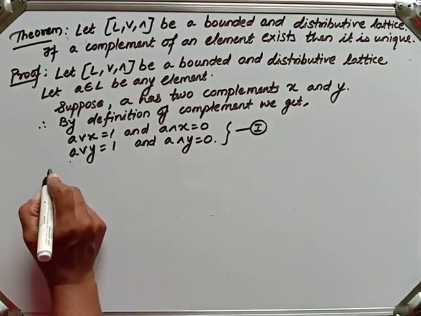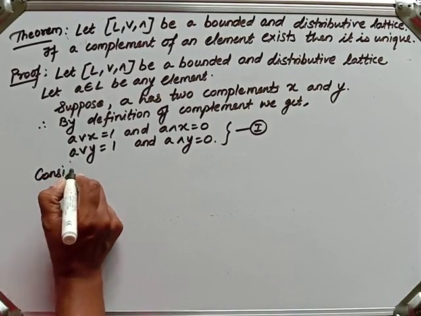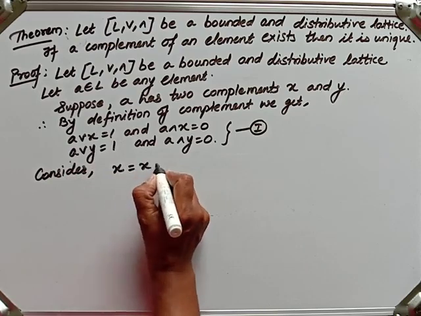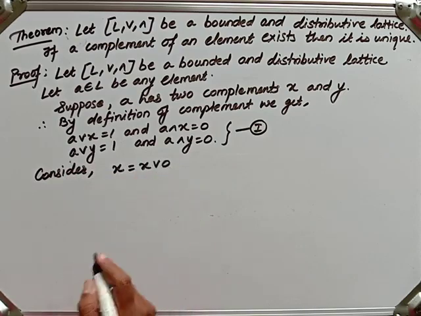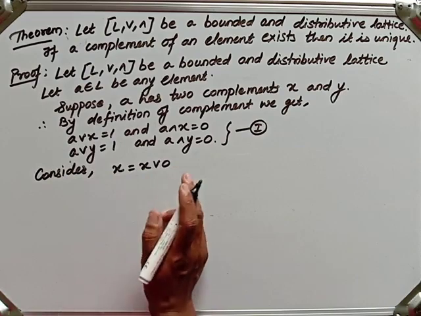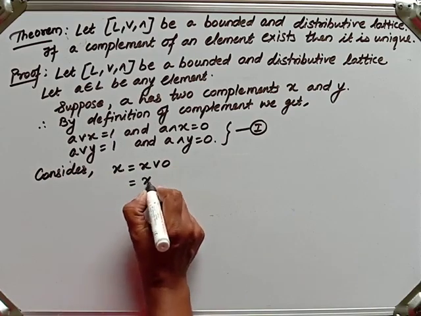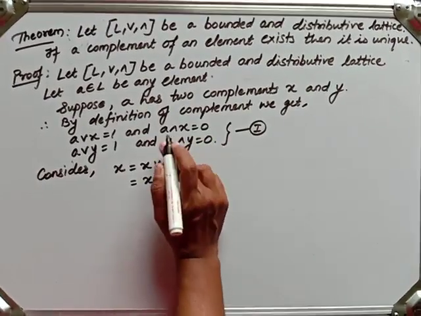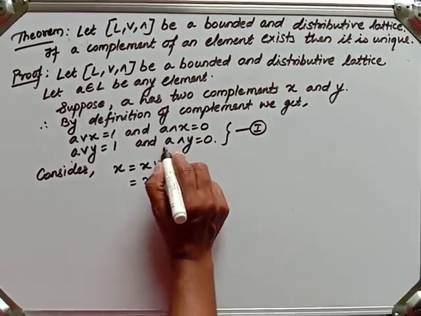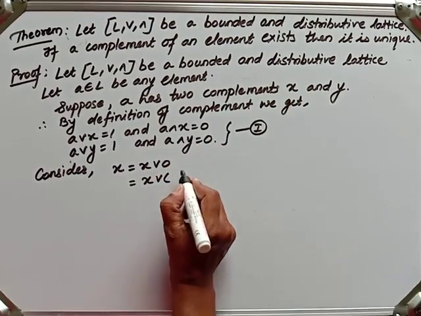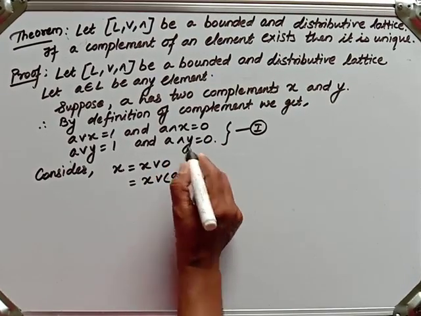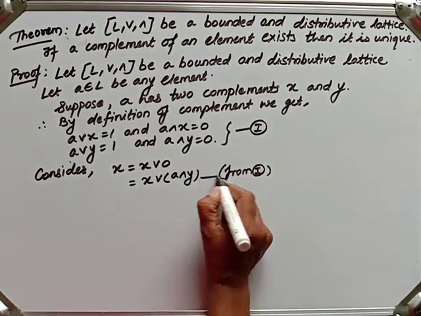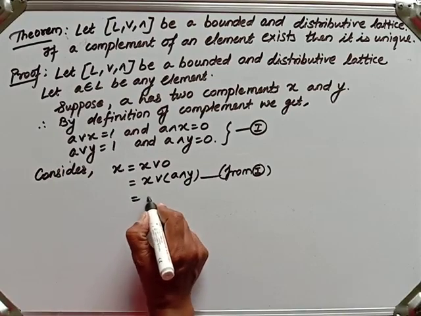Now, our aim is to show x equal to y. So, let me start from x. x is nothing but x join 0, where 0 is the minimal element. Now, this 0, let me take as a meet y, since I have to equate with y. So x join (a meet y).